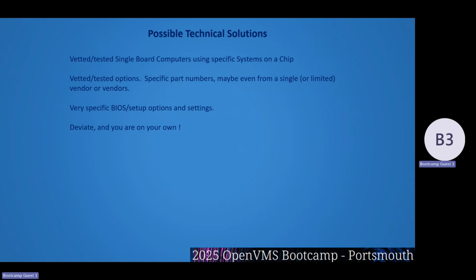The technical solution in the OpenVMS world, according to Jim, is you do it on very specific, vetted and tested single board computers that are using specific systems on a chip with options that you know work. In some cases, these might even be things like you have to use this specific part that you order from this specific vendor.